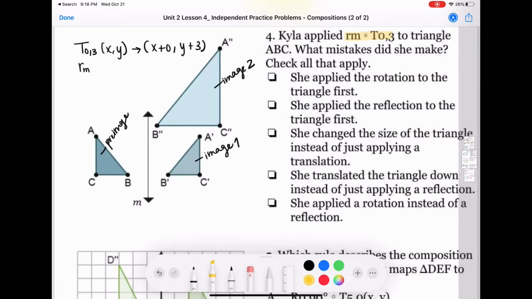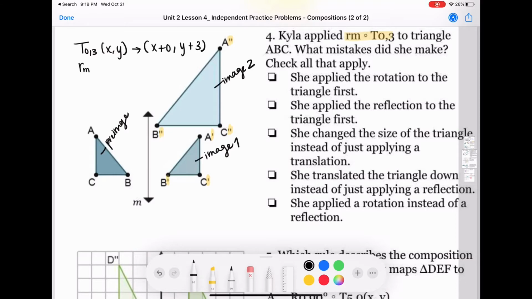Again, we know this is our image 1 after the first transformation because it contains 1 prime notation, while this one has 2. And so what we needed to do first was actually do the translation first, but it looks like we went ahead and did the reflection first, which is her first mistake.